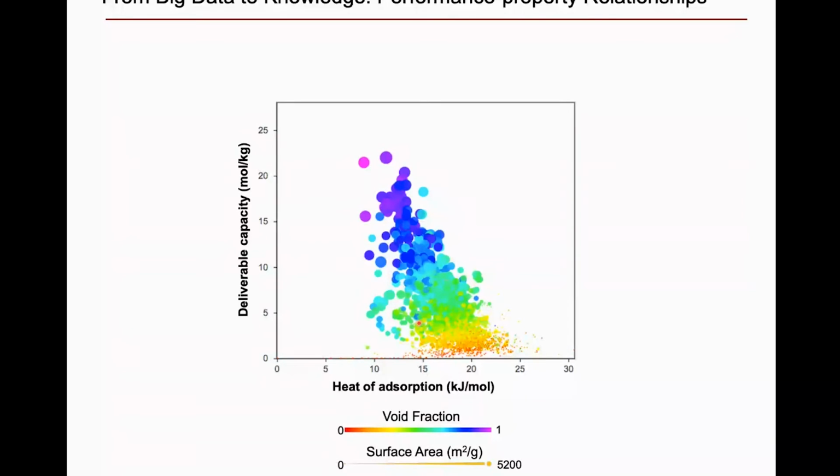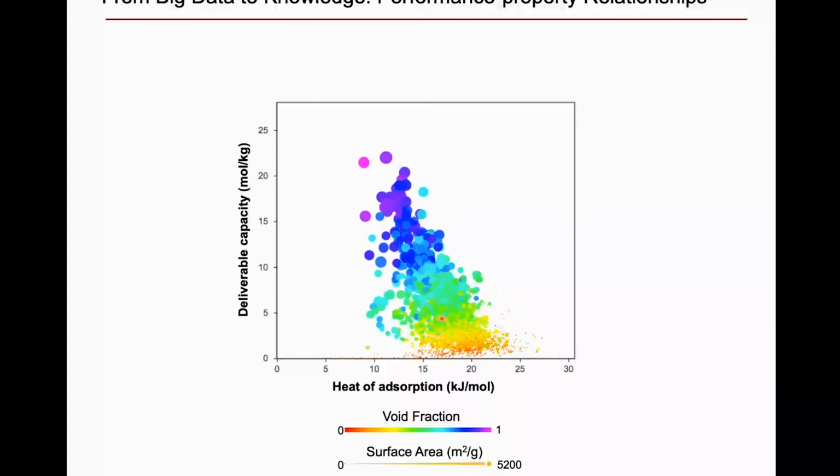So without doing any calculations, without lifting a finger, I can actually point towards the region where that particular material would perform for oxygen storage. And I can immediately tell my friend that, okay, your material is not going to be a good material for oxygen storage.